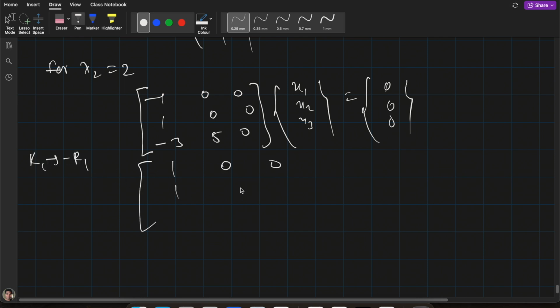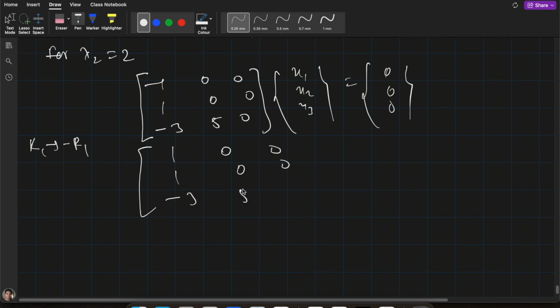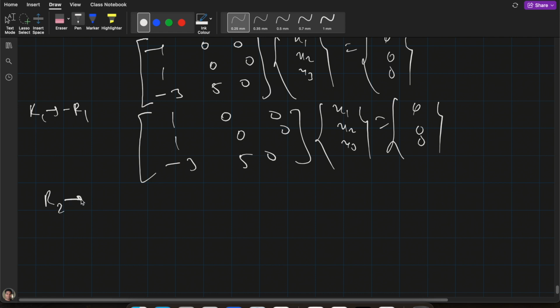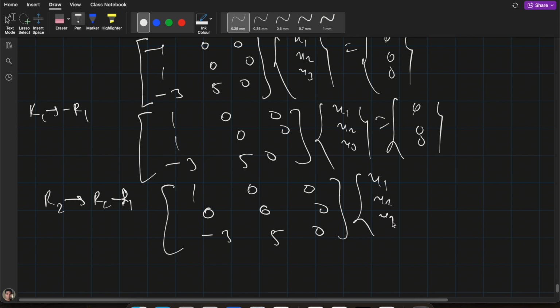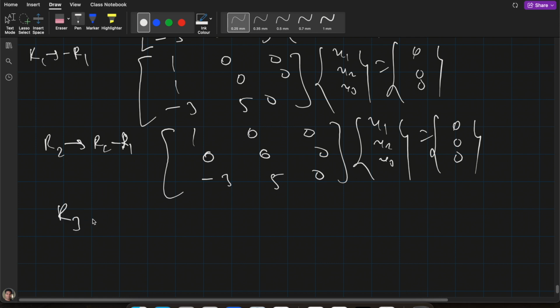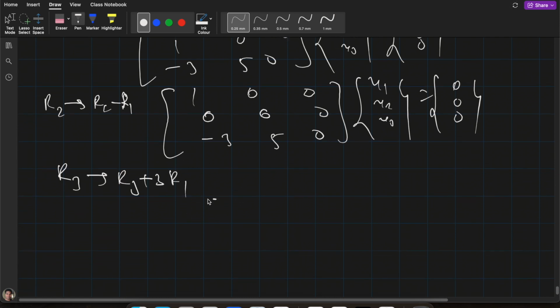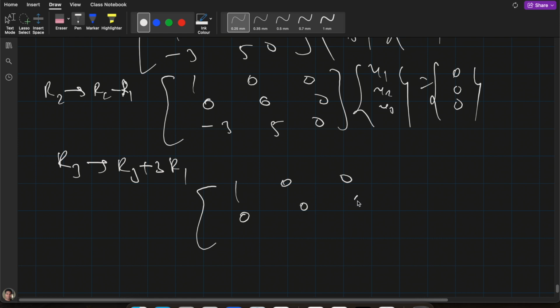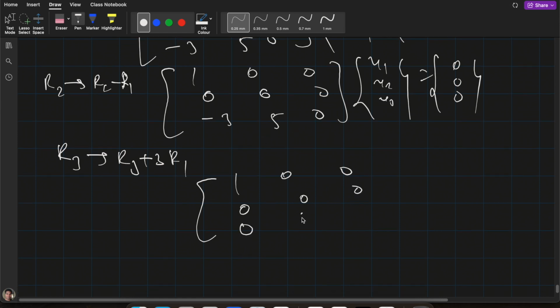So 1 0 0, 1 0 0, minus 3 5 0. Now R2 changes to R2 minus R1: 1 0 0, 0 0 0, minus 3 5 0. Now I will change R3 to R3 plus 3 R1: 1 0 0, 0 0 0, 0 5 0.